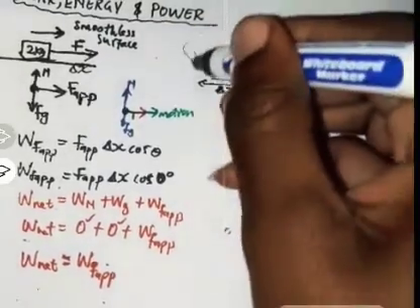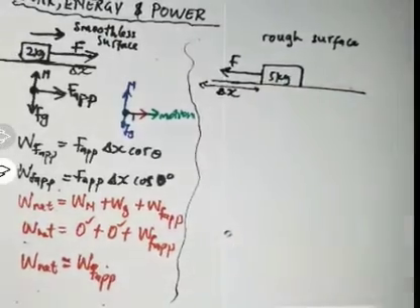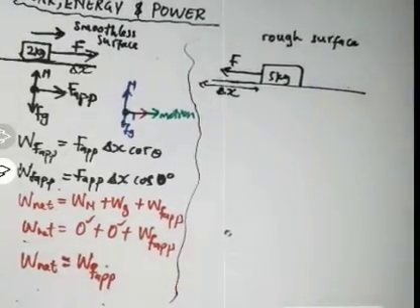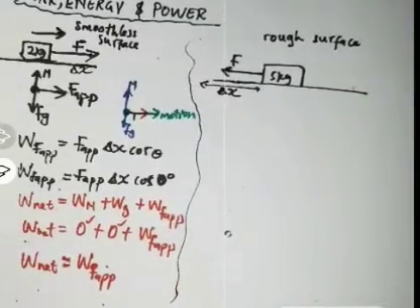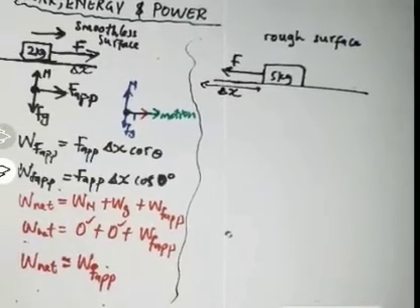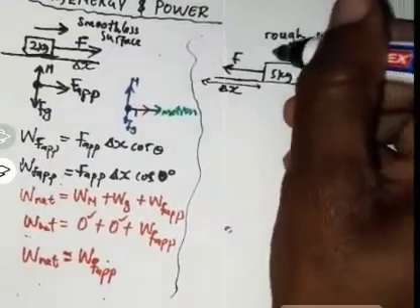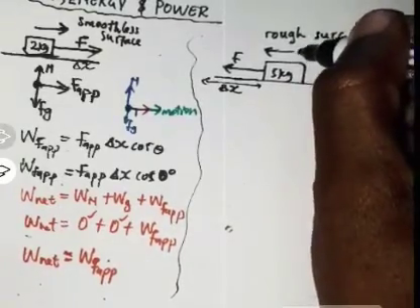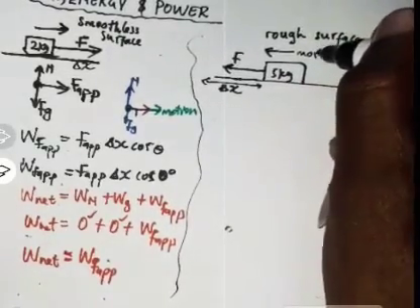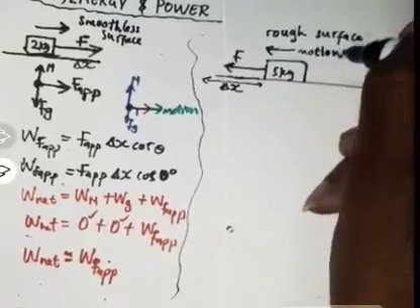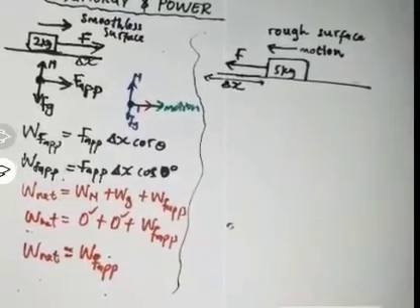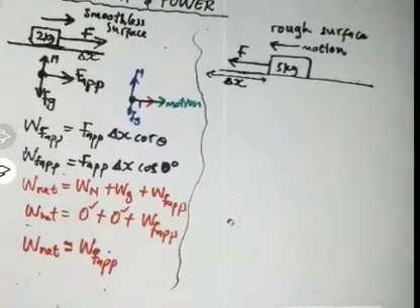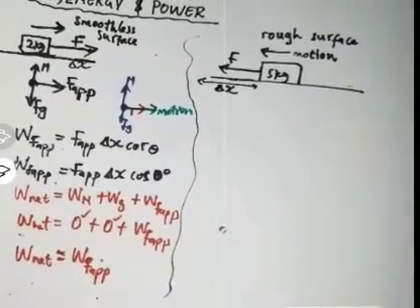So this is the direction of the motion. Once it's a rough surface, it means there is a frictional force.